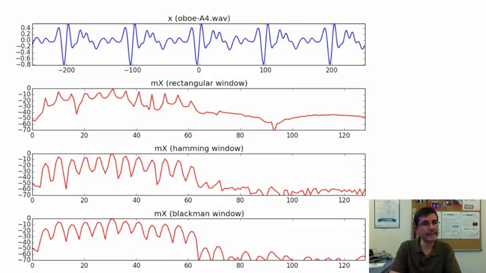Clearly very distinct spectra. And by looking at these, we can see that maybe the best for this particular analysis is the Blackman. We see a smoother spectrum. We see these peaks much more clearly distinct. And in fact, these peaks correspond to the harmonics of the sound.